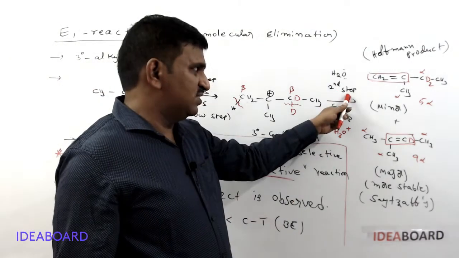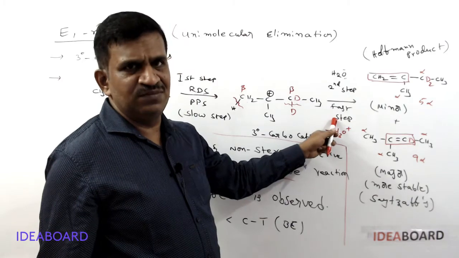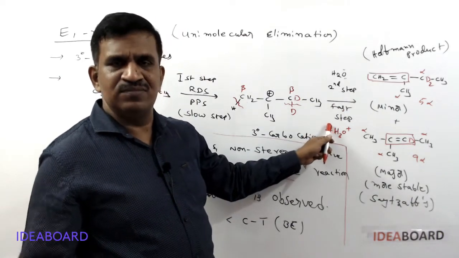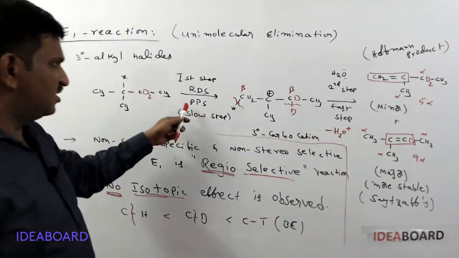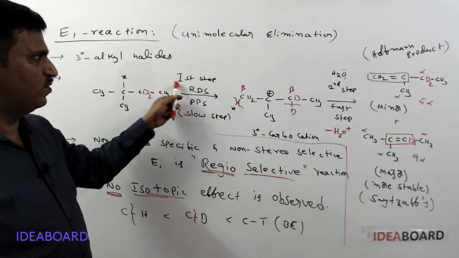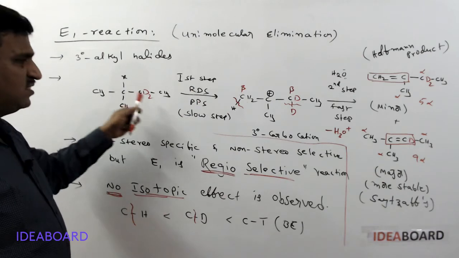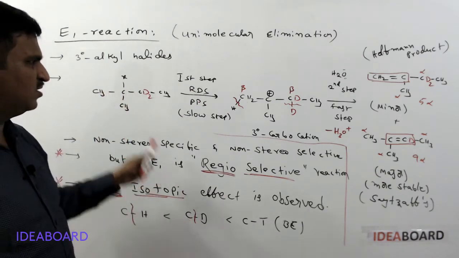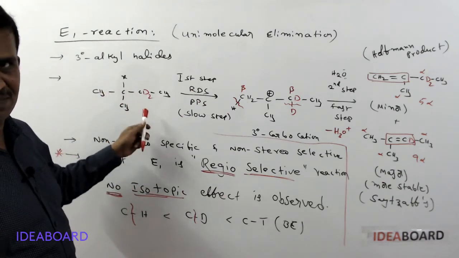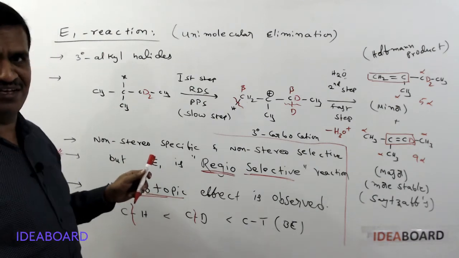Why? Second step and first step. Is the second step the rate determining step? No. What is the rate determining step? The first step only. It is the rate determining step. Is there any CH bond or CD bond dissociation in the rate determining step? No, it is not occurring.